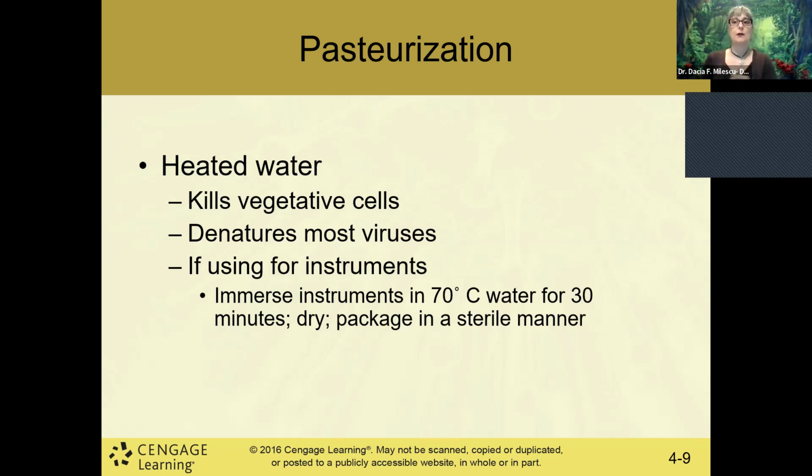So how does this work? It's heated water. It kills the vegetative cells. It'll denature most viruses. And if it's used for instruments, we immerse the instruments in about 70 degrees Celsius water for 30 minutes. Then we air dry, and then we package in a sterile manner. So that's one way to sterilize your instruments, pasteurization.